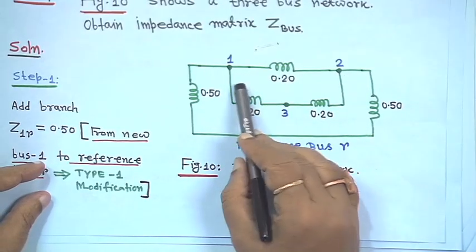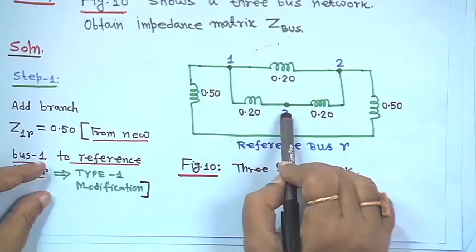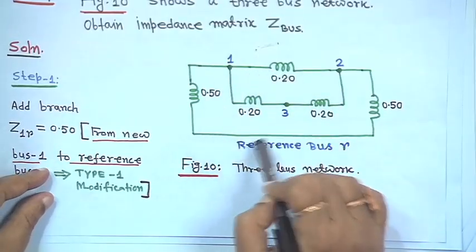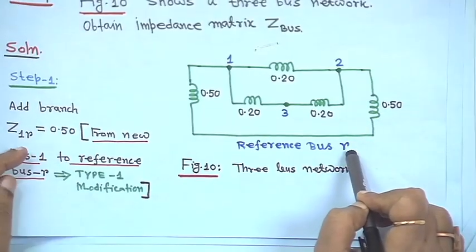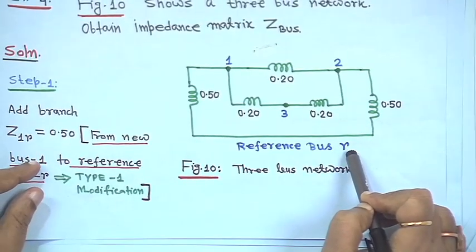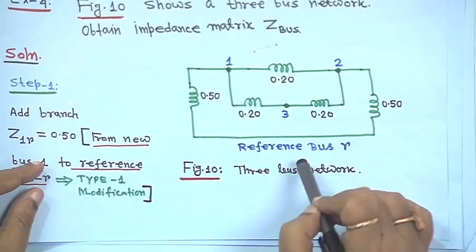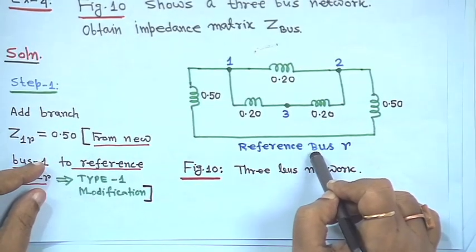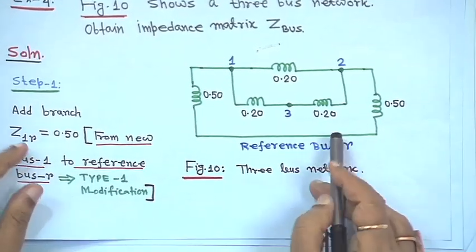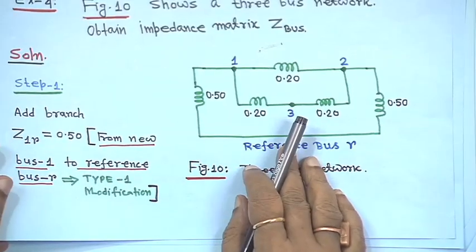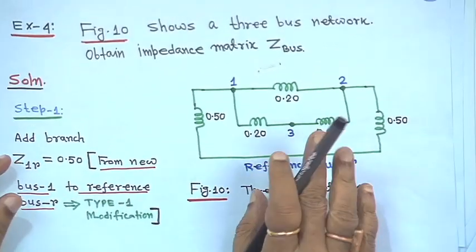Suppose the branch 1 3 and 2 3 is not there, only 1 2 is there, with 1 and 2 to the reference bus. As an exercise, you can compute what the Z bus matrix will be, because this is just to show you how to do it, and with a lot of pages, sometimes it gets mixed up. So, this is your Z bus formulation algorithm.